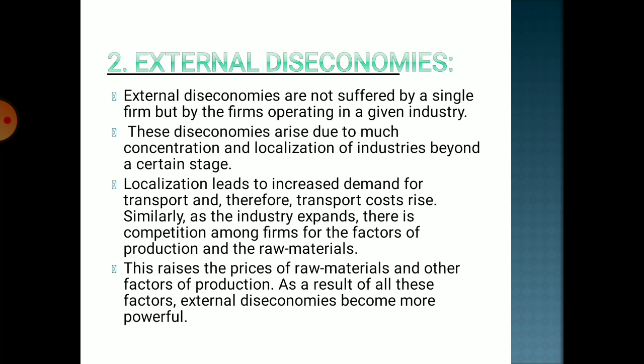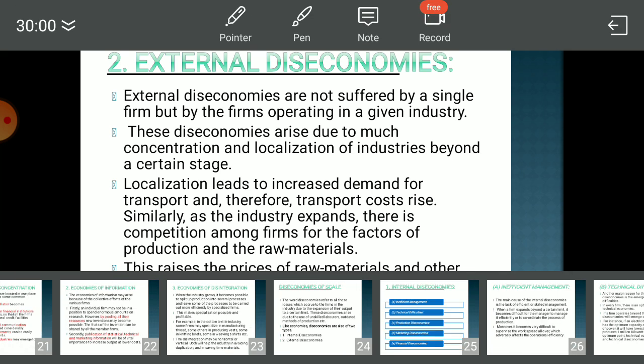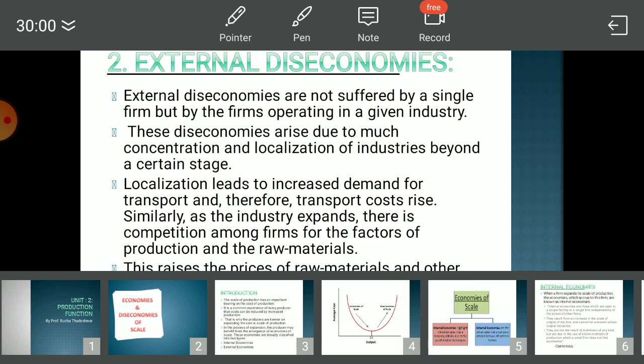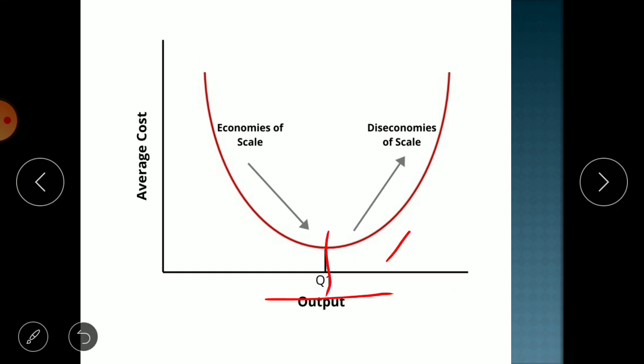But if you go beyond that point for expanding your production, then your cost per unit will increase. That we have seen in the first introductory lecture. Here, Q1 is an optimum limit. If you go beyond the Q1 point, your cost increases, which is known as diseconomies of scale.